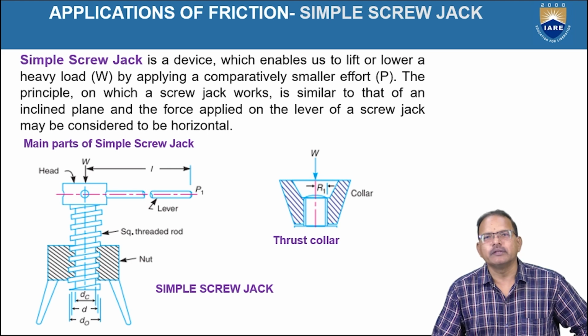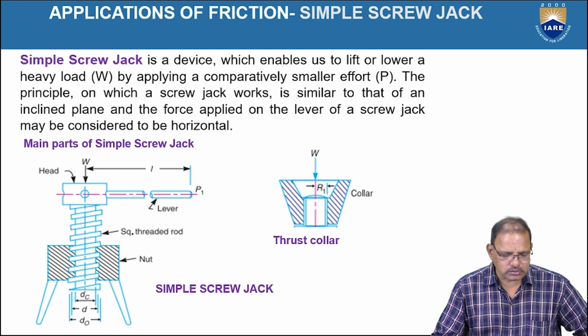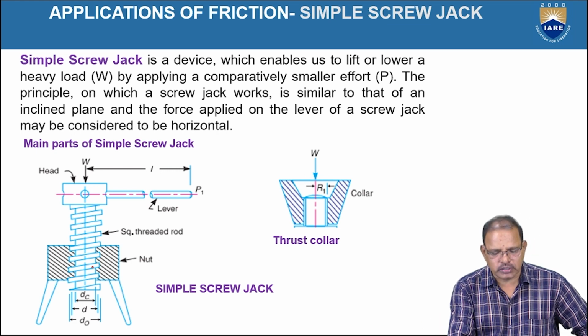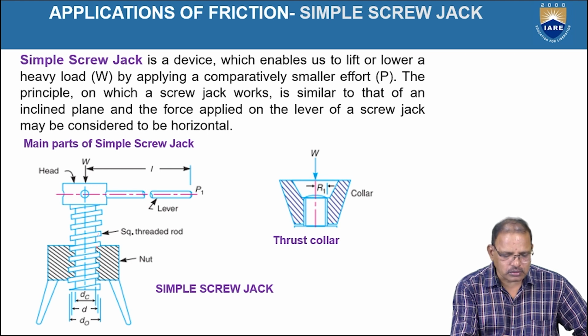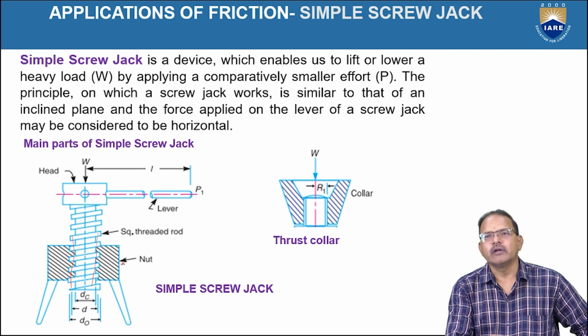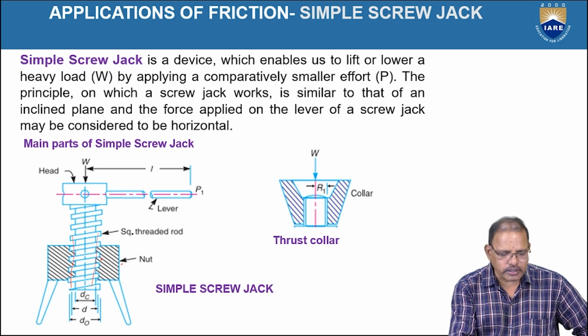The main components of the screw jack are the screw, which is a square threaded rod as shown in the figure, and the body, which integrally has a nut provided inside it.